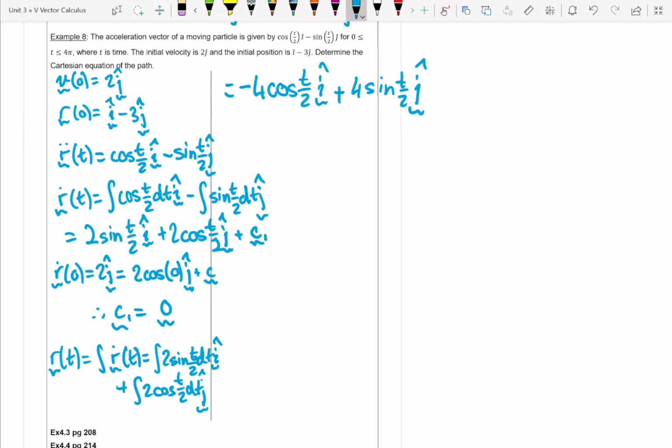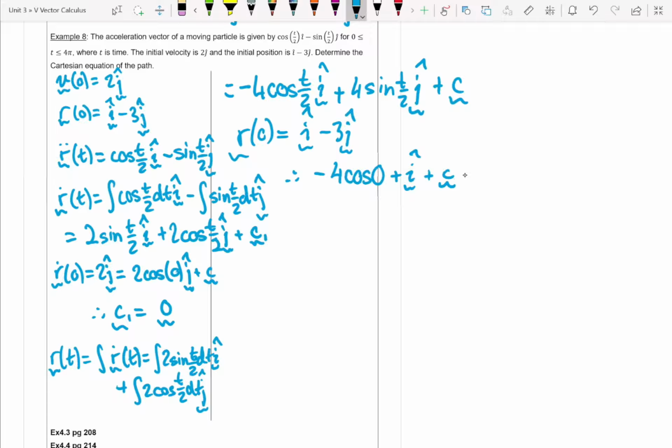So we know that r of 0 is equal to i minus 3j. We had our plus c here. We've got negative 4 cosine of 0 i plus c, plus 4 sine of 0 j minus 3j, which is going to have to equal 0.